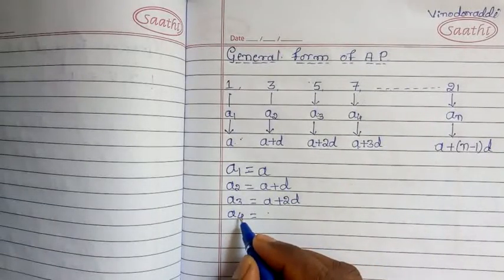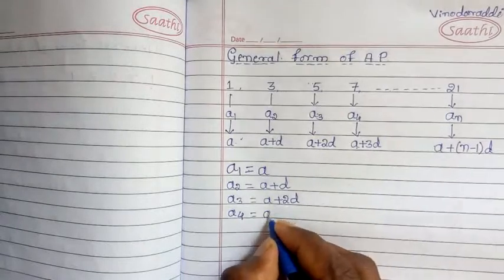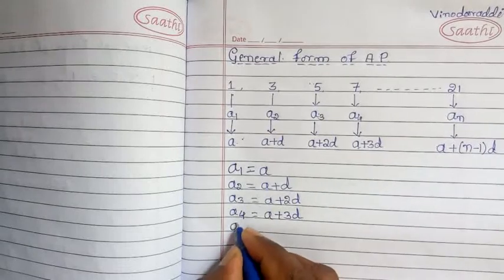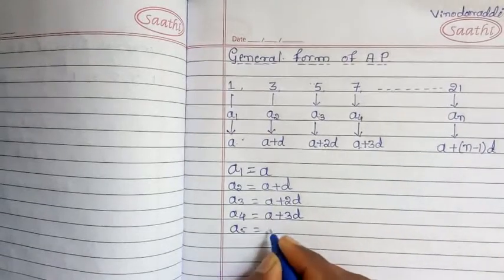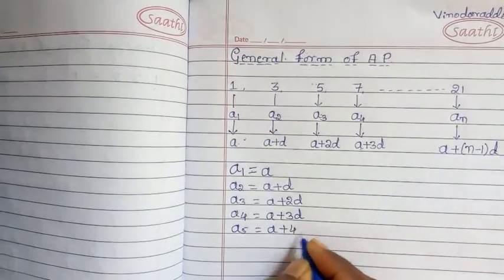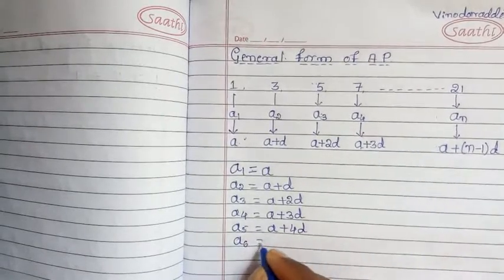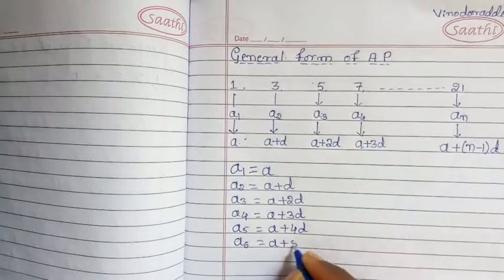A4 means the fourth term, and the general form of the fourth term is A plus 3D. The general form of the fifth term is A plus 4D. The general form of the sixth term is A plus 5D.